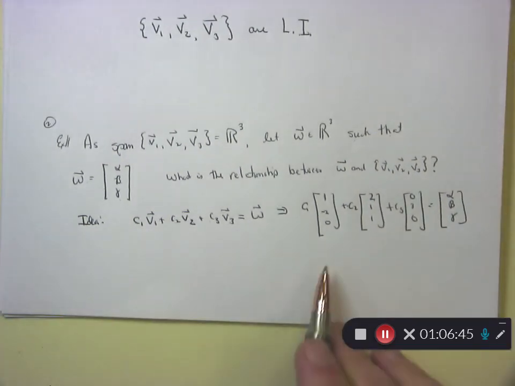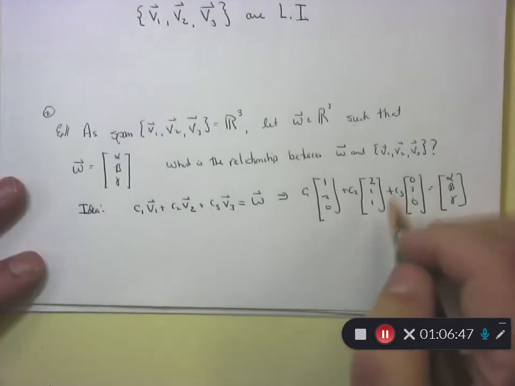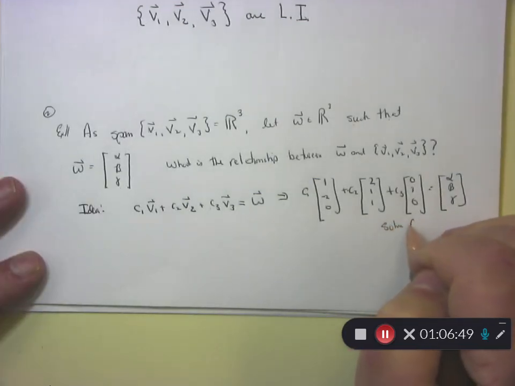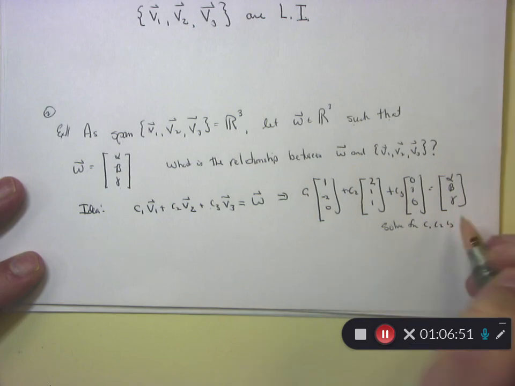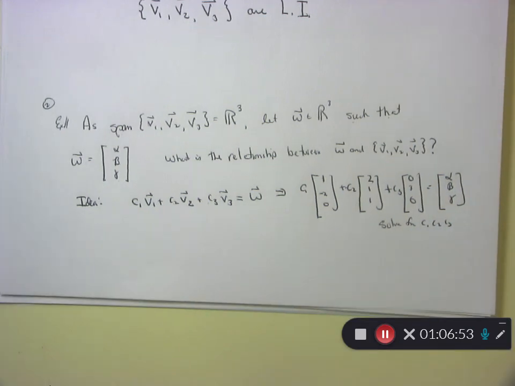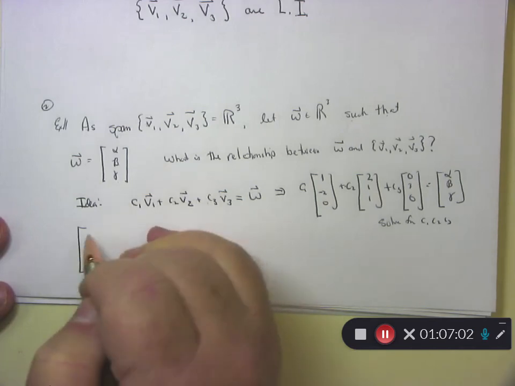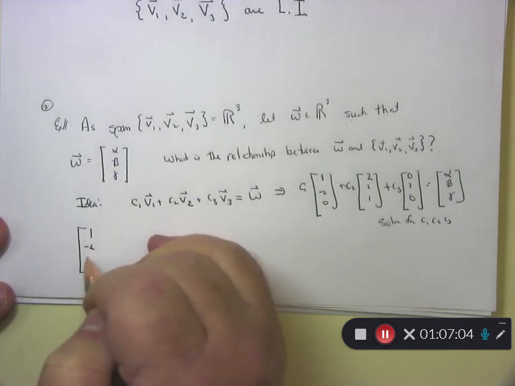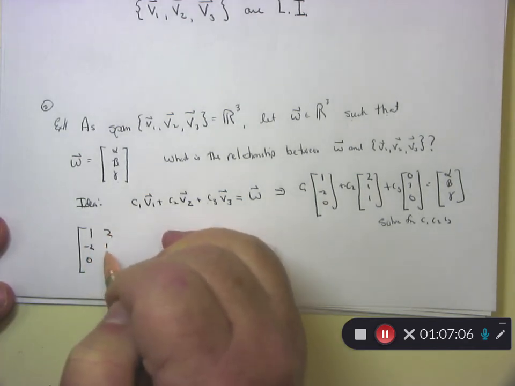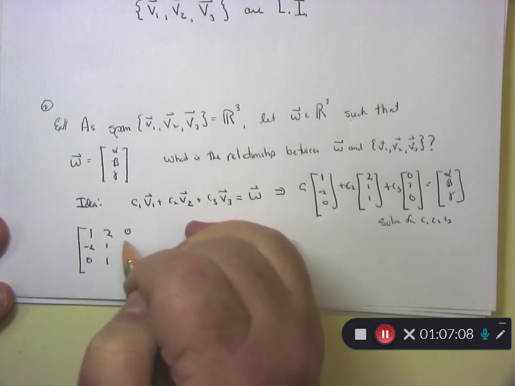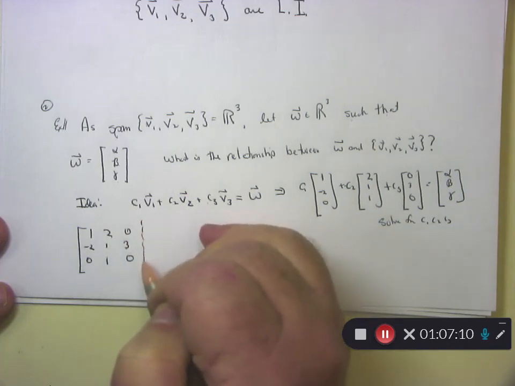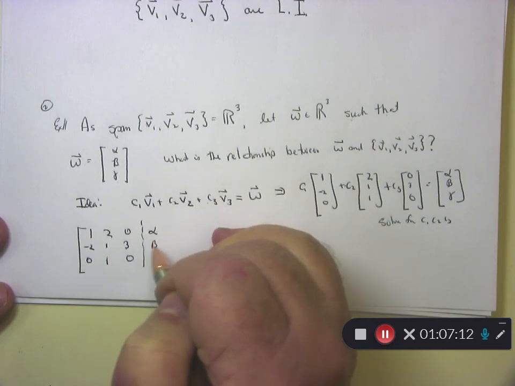So how would you solve for this C1, C2, C3? What would you do? Augment the matrix. Catch a pattern, chapter 1. Augment the matrix here. So, this would be 1, -2, 0, 2, 1, 1, 0, 3, 0, augmented with alpha, beta, gamma.